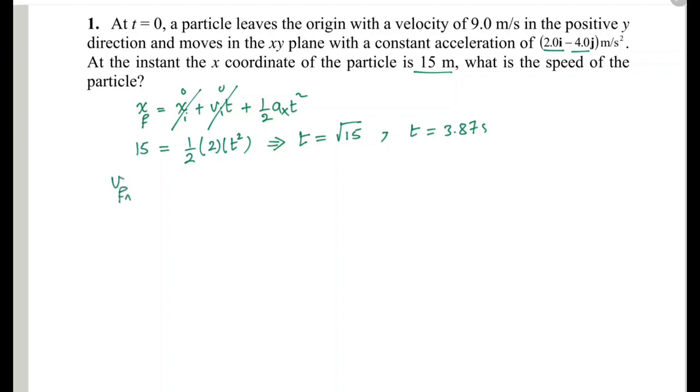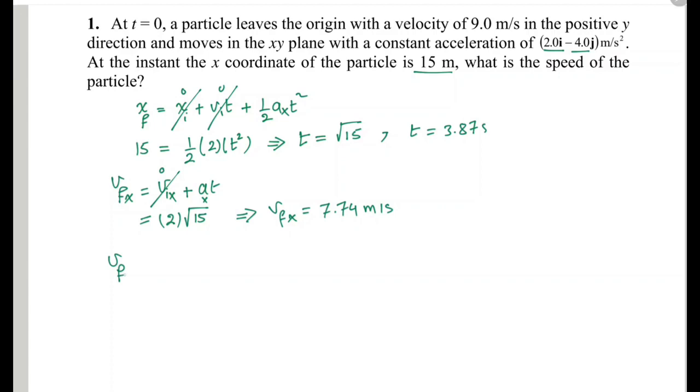The final vx equals the initial vx plus ax t, and the initial vx is 0. Now ax equals 2, so vx equals 2 times square root of 15, in other words 7.74 meters per second.